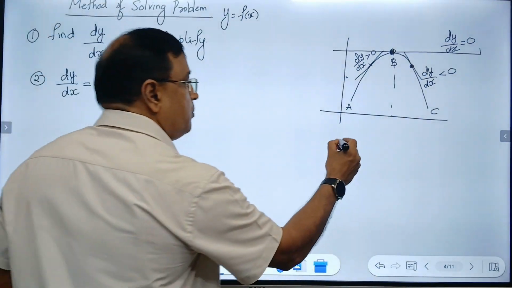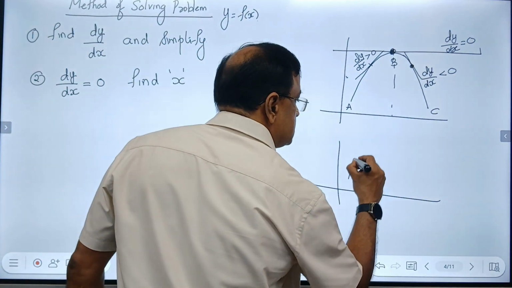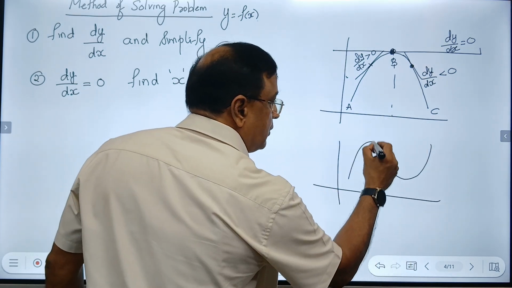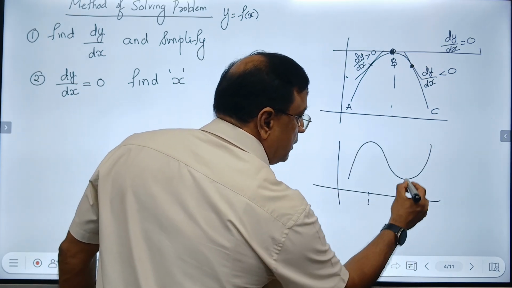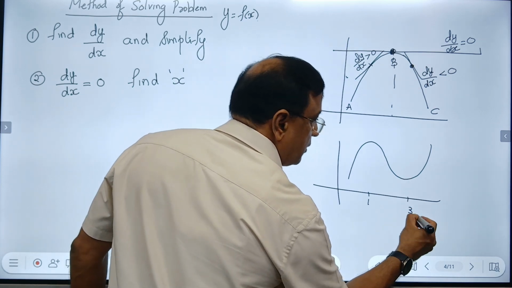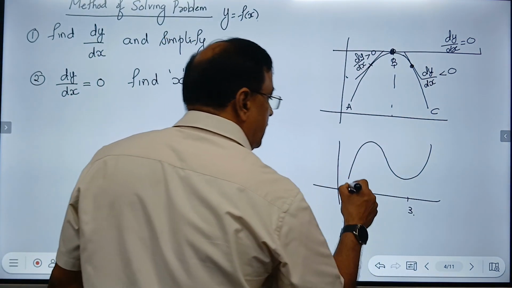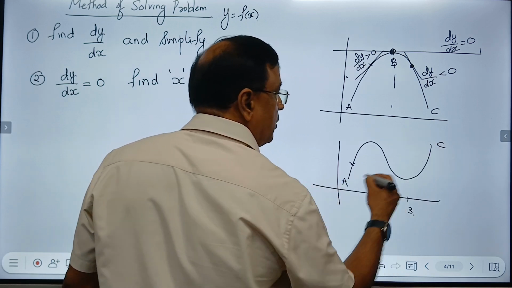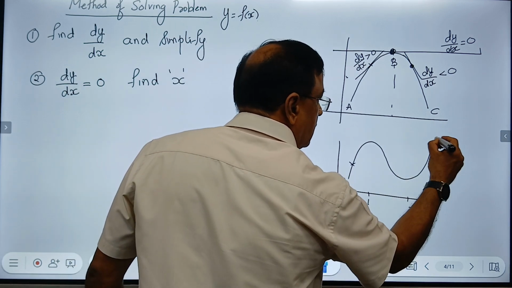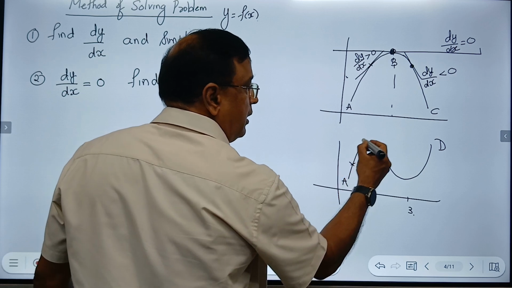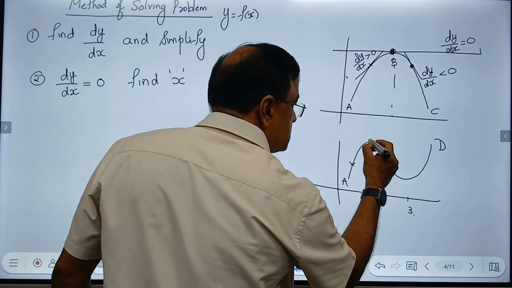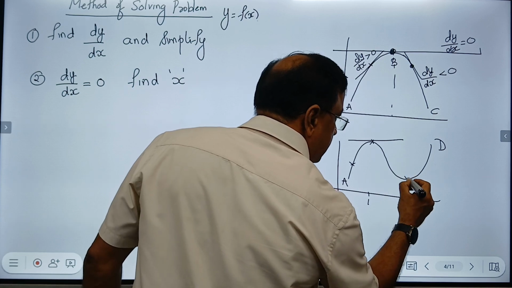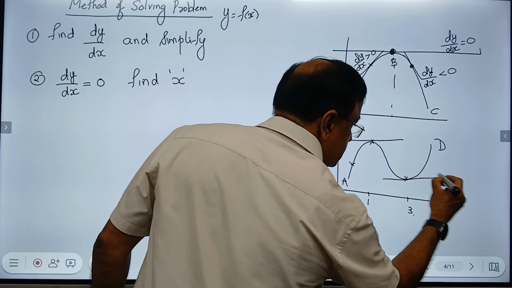Or suppose I have a graph like this. For example, this is at 1, say this is at 3. When I move from a to d, I pass through this point where dy by dx is 0. Again I pass through this point where dy by dx is 0.